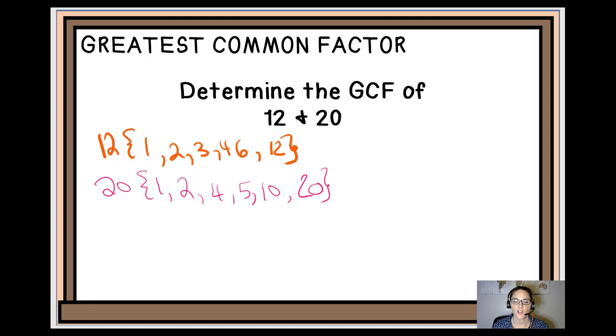So if we look at the greatest common factor between the two, it's 4. So my GCF is equal to 4. Okay, let's look at our next example.